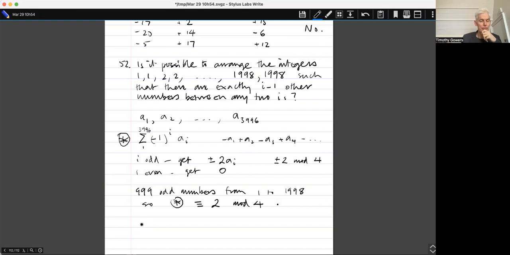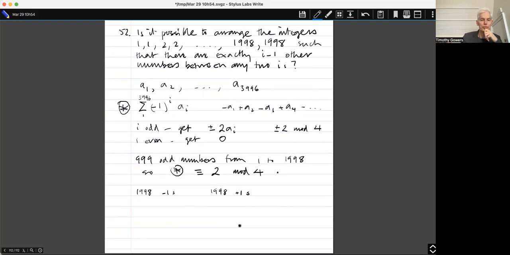So I have 1998 minus ones and 1998 plus ones. What is the sum of the numbers from 1 to 1998 mod 4?